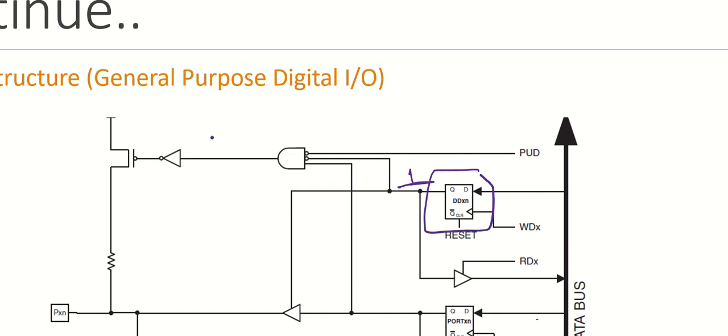Here x could be A, B, C, or D, and n is the pin number. Now this flip-flop is a part of the DDRx register. So when we write 1 in the DDRx register in a particular bit position, this 1 is available at the output of this flip-flop.